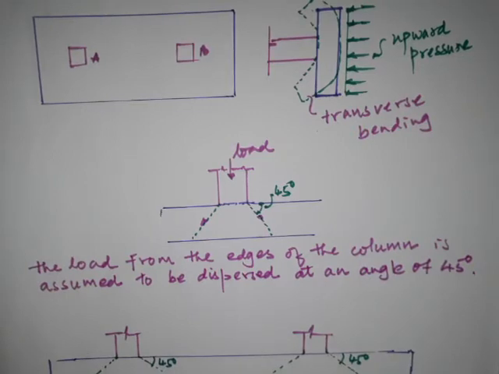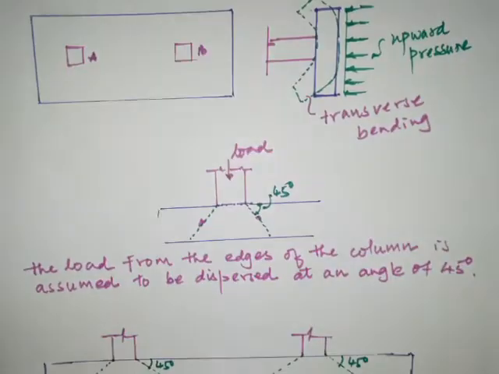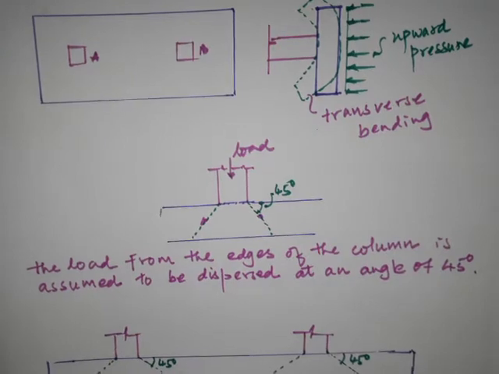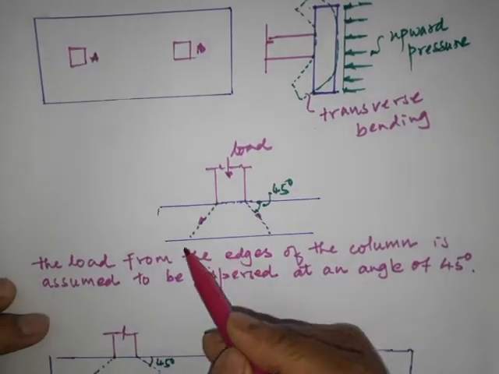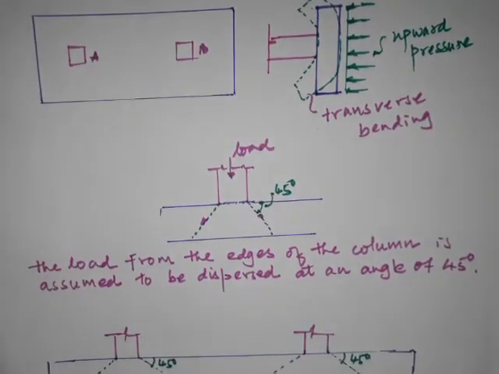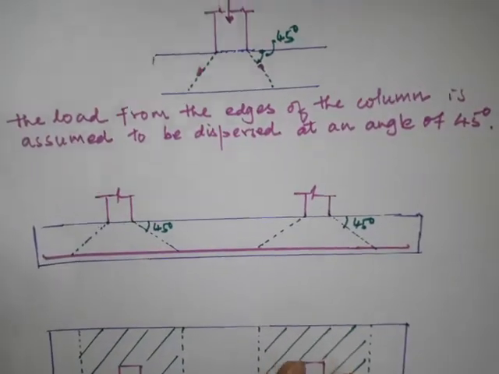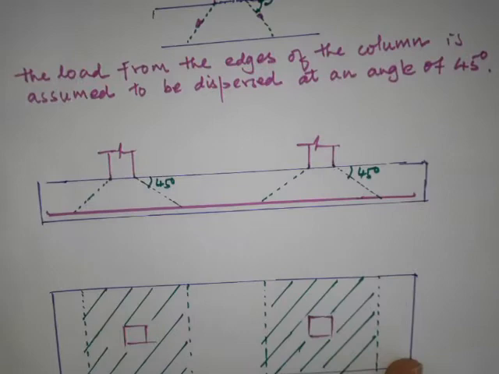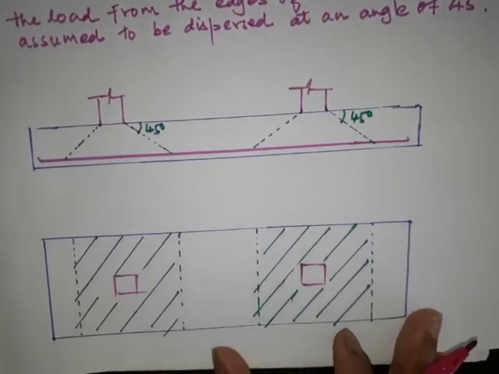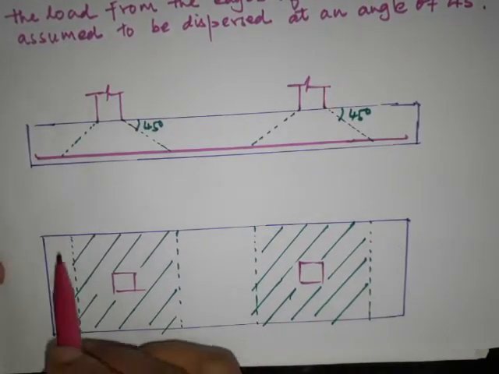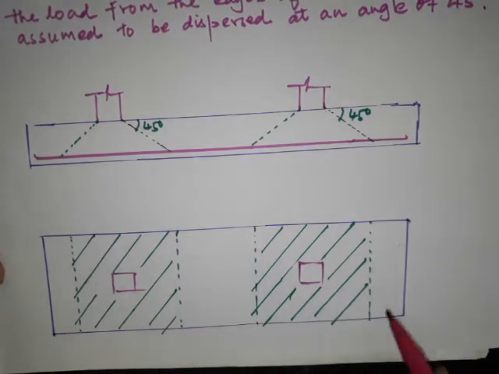So it will be assumed as the load will be dispersed at an angle of 45 degrees. Then with respect to that, you have to find out the width of strip in the transverse bending. What should be the width of strip in the transverse bending?